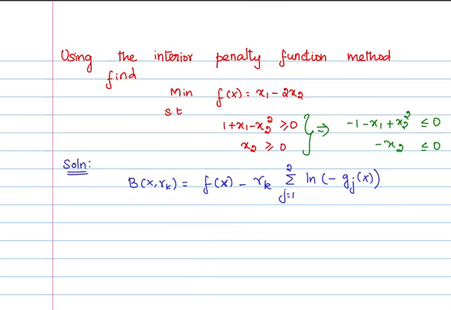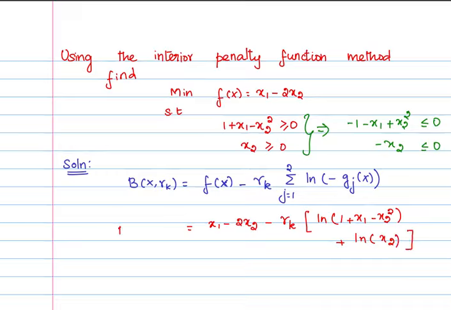So now I can write b of x comma rk as x1 minus 2 times x2 minus rk times logarithm of minus gj. So logarithm of minus means here it becomes 1 plus x1 minus x2 square, plus logarithm of minus x2, minus of minus x2 becomes plus x2.